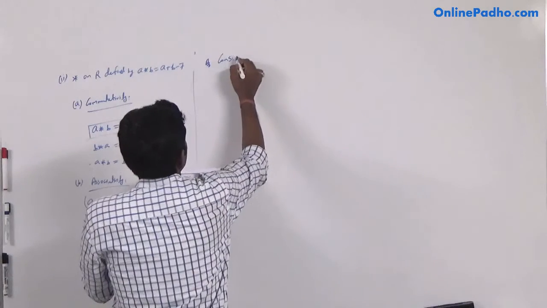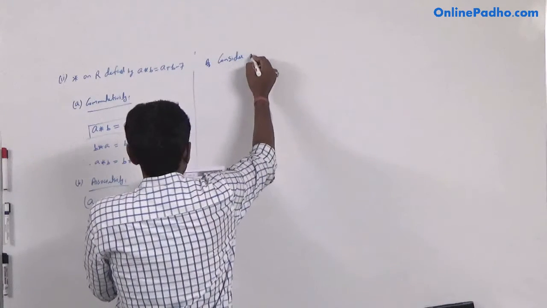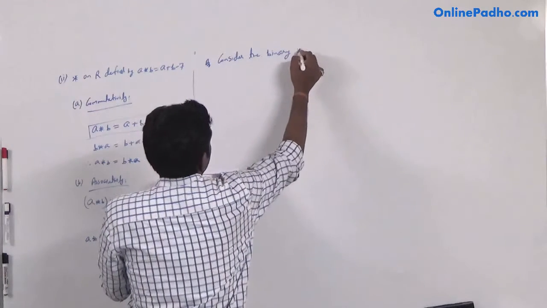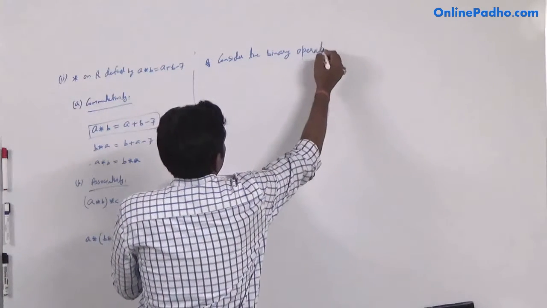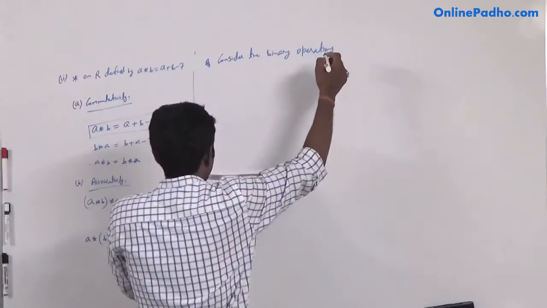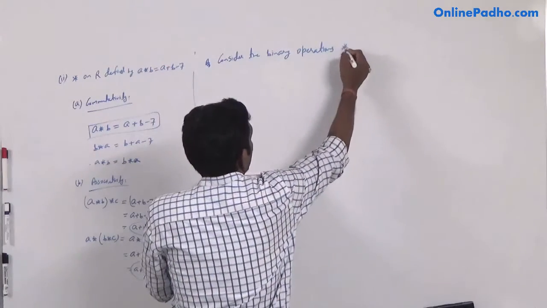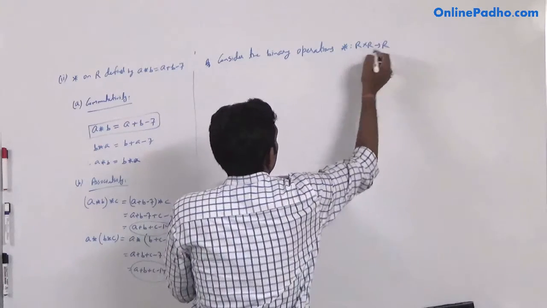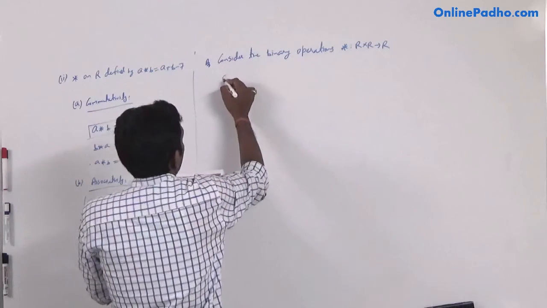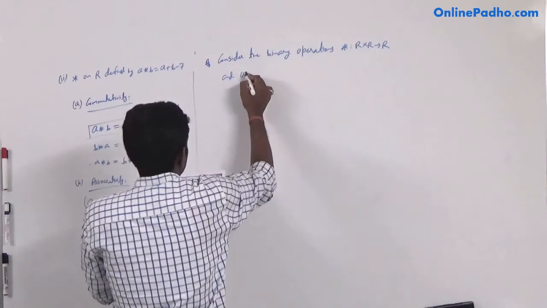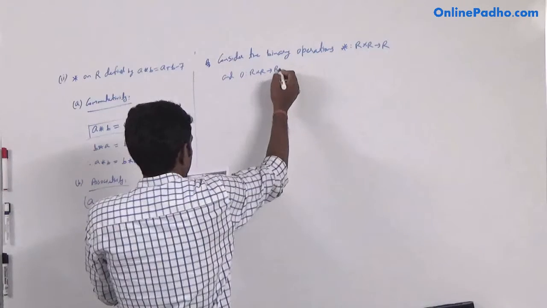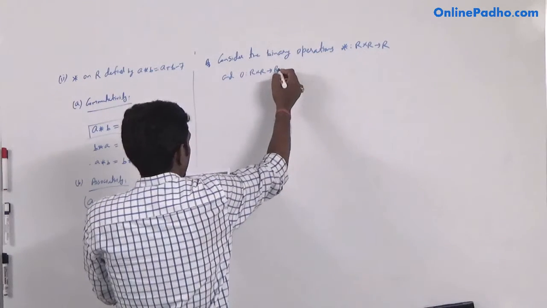Consider the binary operations star, from real number cross real number to real number, and not, from real number cross real number to real number, right?